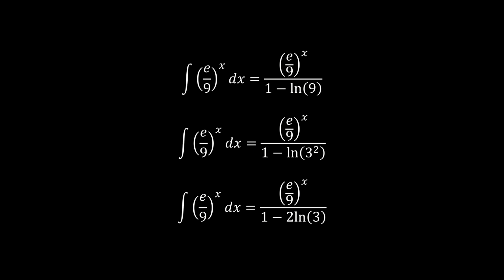So hypothetically, if we were given the integer, what's the integral of the quantity e divided by 9 raised to x dx? Well, that's just going to be the quantity of e divided by 9 raised to x, all divided by 1 minus the natural log of 9. And 9 is really just 3 squared, so the natural log of 3 squared can just be rearranged as 2 times the natural log of 3.